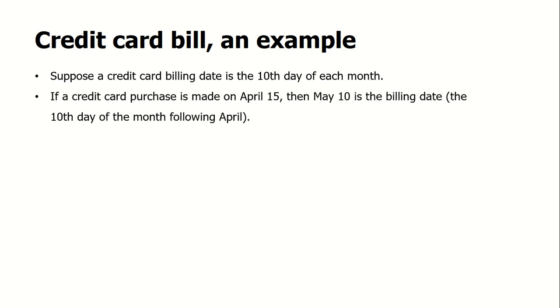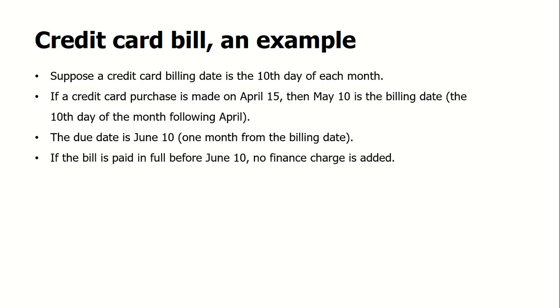If you made a purchase on April 15, you will receive the bill on May 10. The due date will be another month from May 10, which is June 10. So you would have to pay the bill before June 10. Otherwise, you will receive a finance charge.